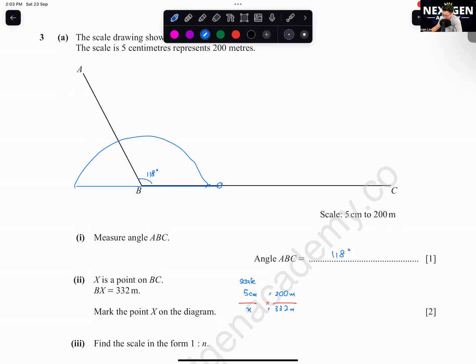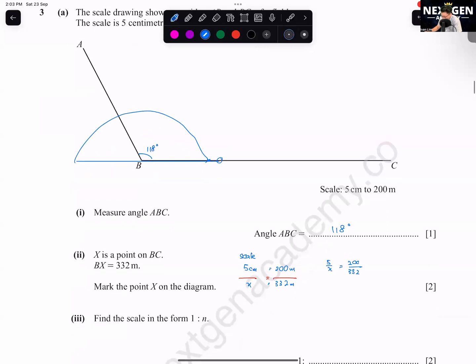So you can put it into a ratio like this. 5 over x equals 200 over 332. Okay, how to calculate the x? You just cross multiply it out, x will be 5 times 332 over 200.